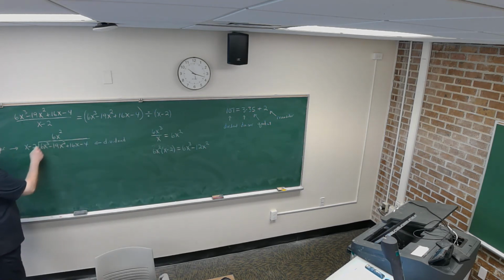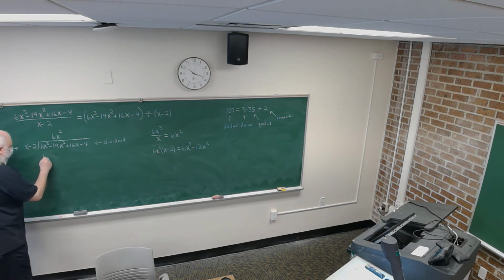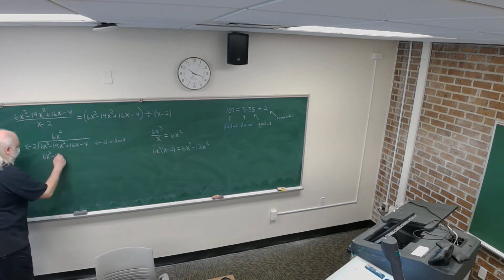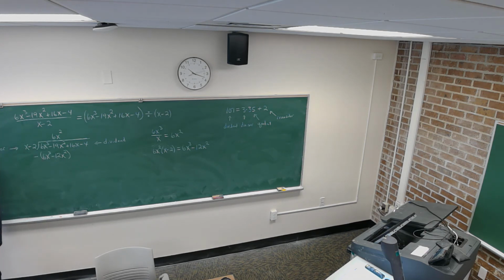So 6x squared times x minus 2 is equal to 6x cubed minus 12x squared. And we're going to subtract that binomial from the dividend. You got to put it in parentheses, because we're going to subtract both terms, not just the first term. Okay.